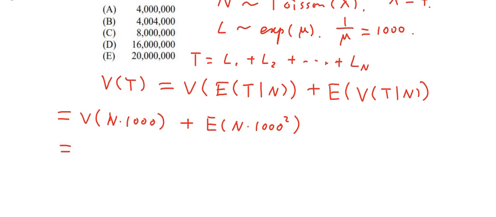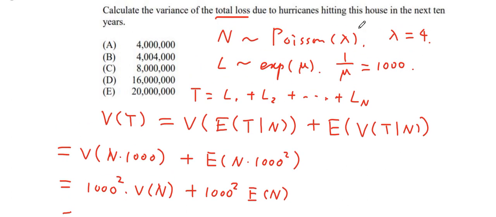Okay, so now we want to find those things. So V thus equal 1,000 square VA. So plus, so E thus equal 1,000 square EA. Okay, so what is VN? This N, let's say this N is for Poisson distribution.